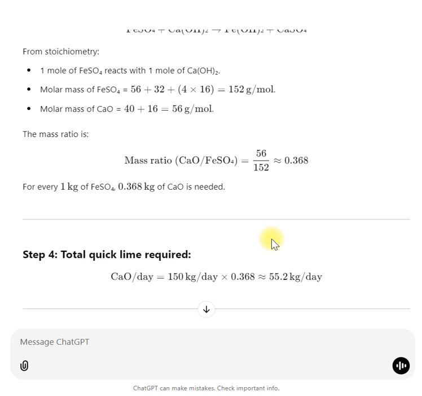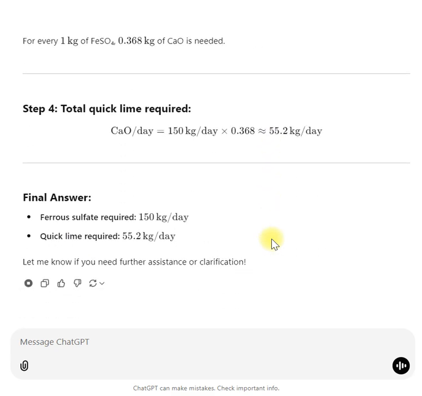The mass ratio of CaO to FeSO4 is 56 over 152, approximately 0.368. For every 1 gram of FeSO4, 0.368 grams of CaO is needed. Step 4. Total quicklime required. CaO per day equals 150 kilograms per day times 0.368, approximately 55.2 kilograms per day.